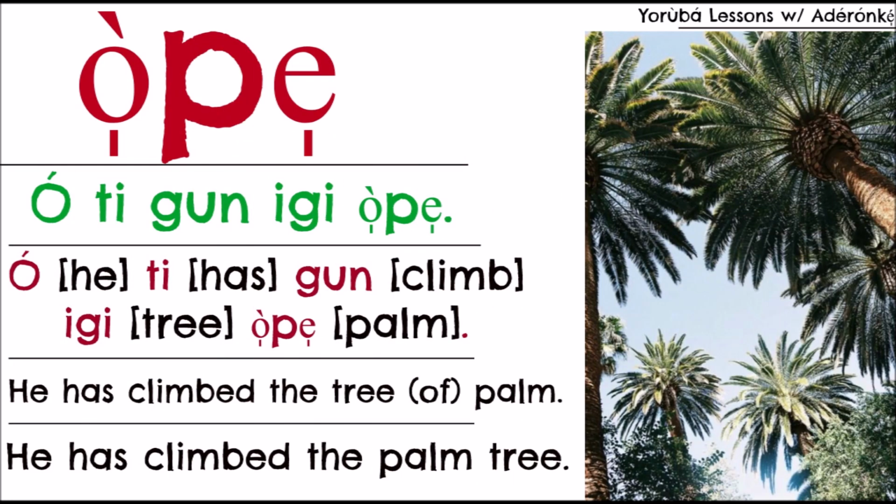Ó ti gun igi ọpẹ́. Ó is the pronoun for he or she. Yoruba pronouns are not gender specific. A significant part of our culture is not exactly gender specific, but at some point, things began to change.